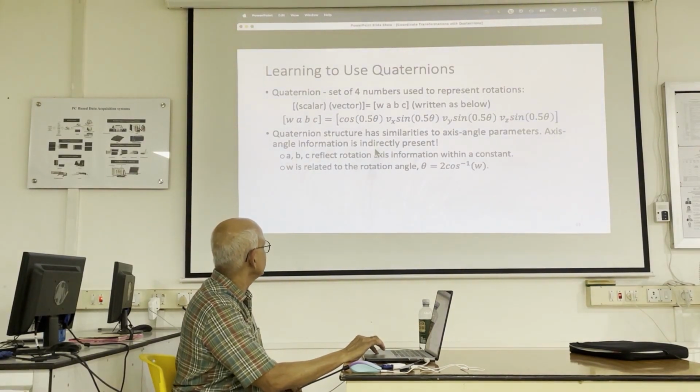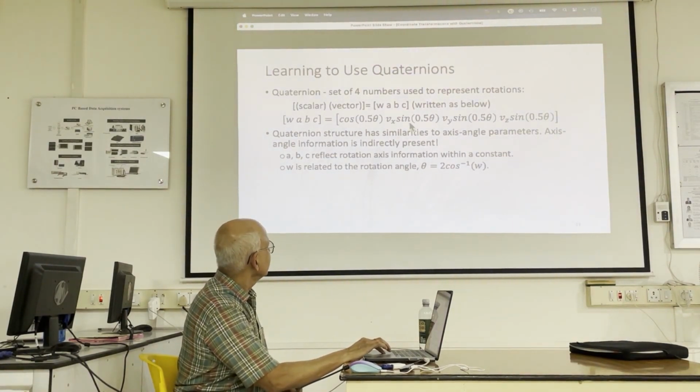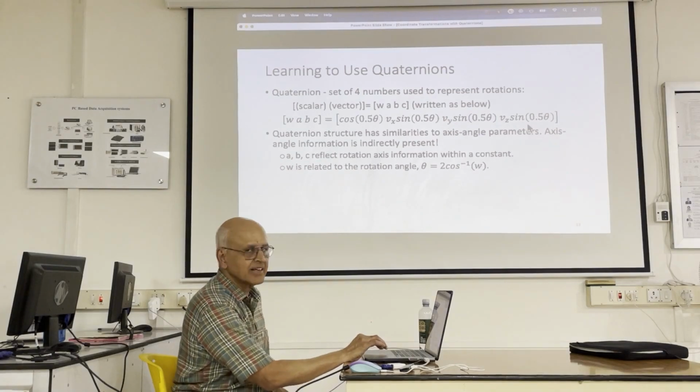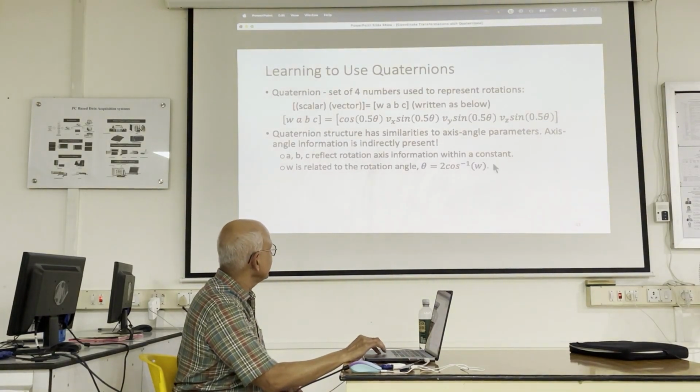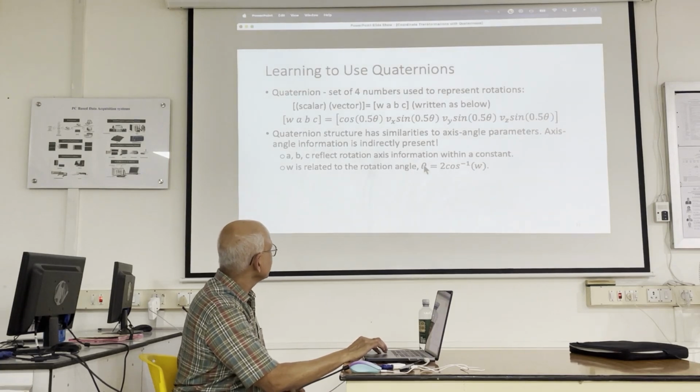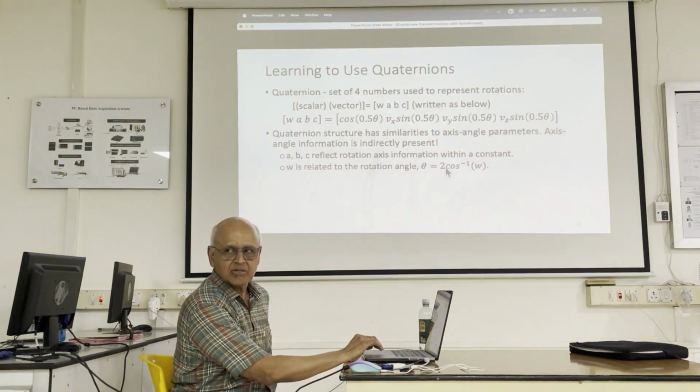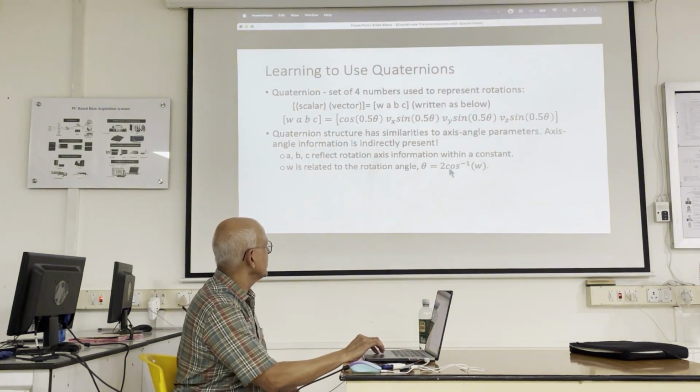Axis angle information is indirectly present. ABC reflect rotation axis information within a constant, right? Within a constant, see? ABC has the rotation axis, except that there's an extra constant here. And finally, W is directly related to the amount of rotation, because theta can be obtained as cosine inverse of W, times 2, because the 0.5 becomes 2 on the other side.